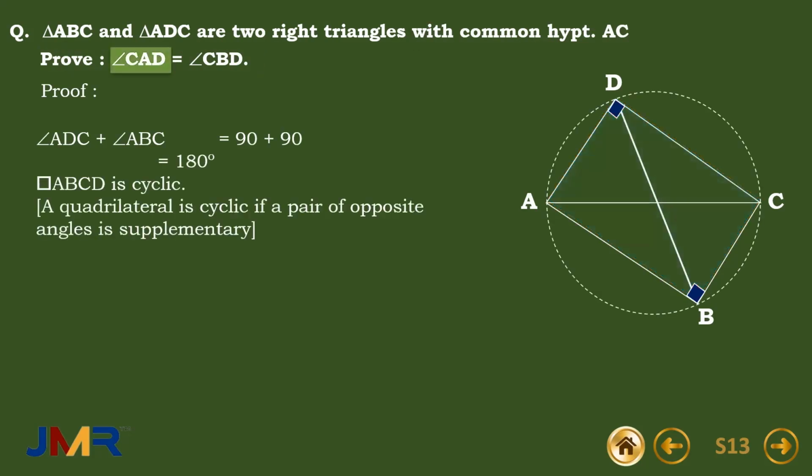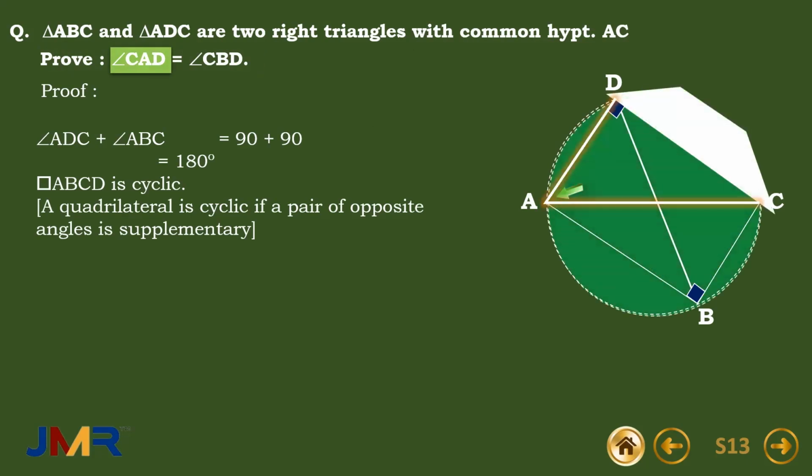When ABCD is a cyclic quadrilateral, I can draw a circle passing through A, B, C, D. Now, observe the major segment DABC. In that, angle DAC is equal to angle DBC.